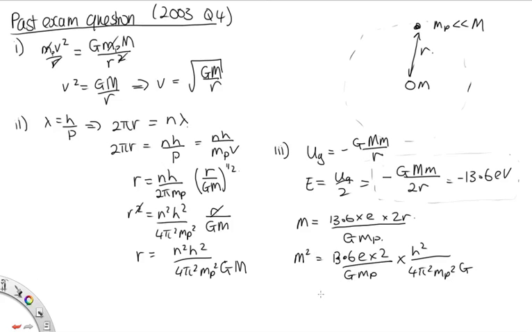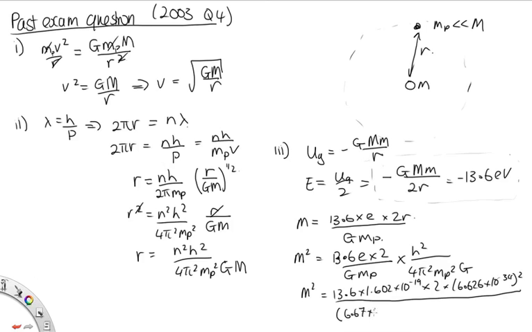Okay, so now all we need to do is substitute in the numbers. So we've got that the mass squared is 13.6 times 1.602 times 10 to the minus 19 times 2 times h squared, which is 6.626 times 10 to the minus 34 squared, over. Now on the bottom we've got G squared, which is 6.67 times 10 to the minus 11 squared. And then we've got the mass of the proton cubed.